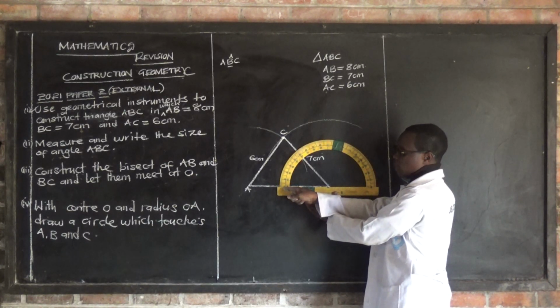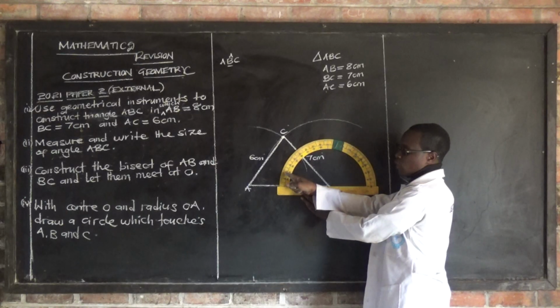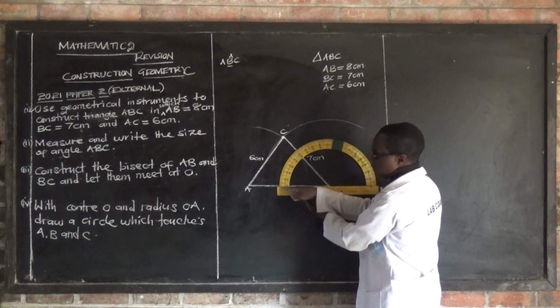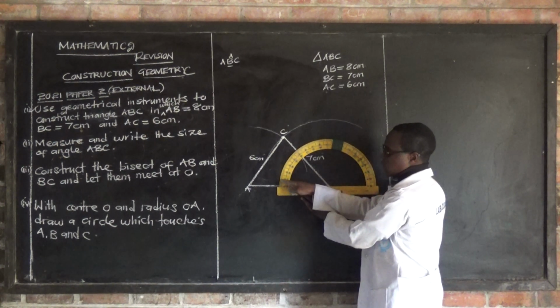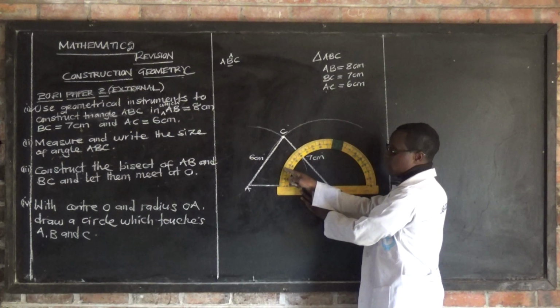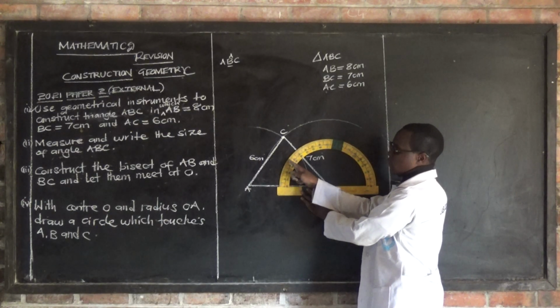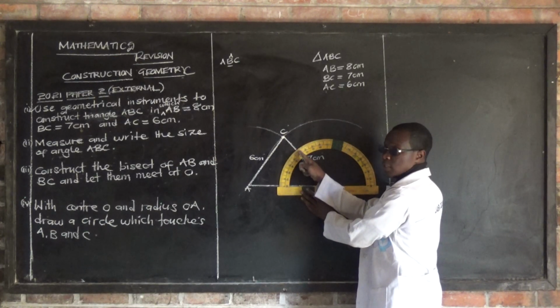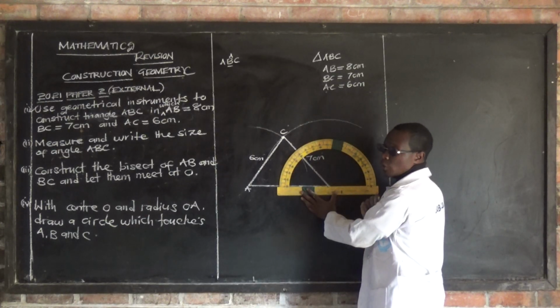This is 10 degrees, 20 degrees, 30 degrees. Then you have 0, 5, 10 degrees, 15, 20, 25, 30 degrees, 35, 40, 45, and 50. So this angle is 50 degrees.